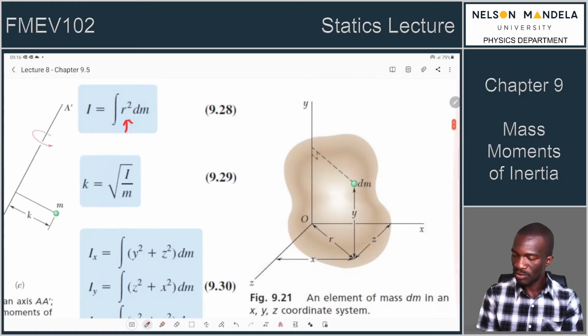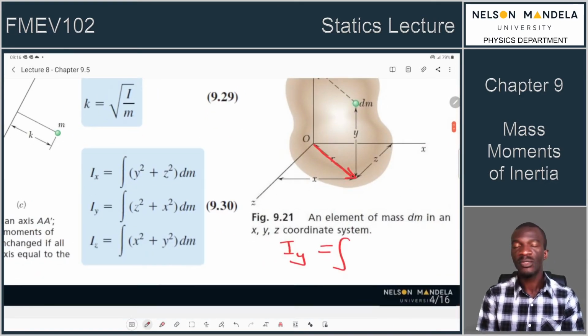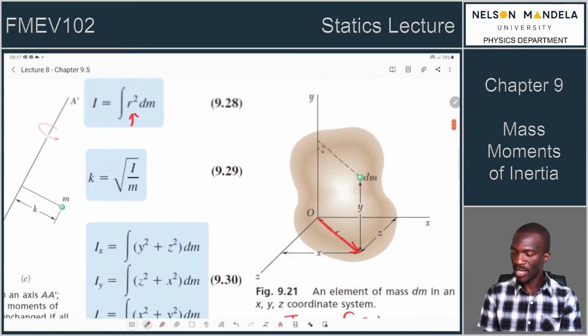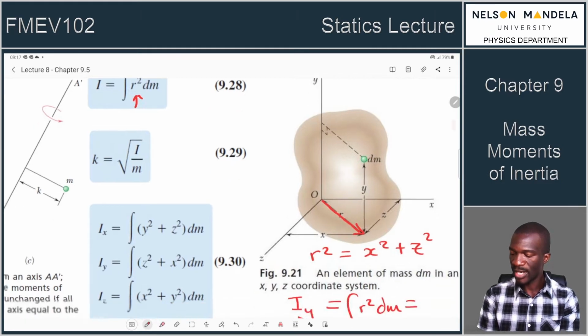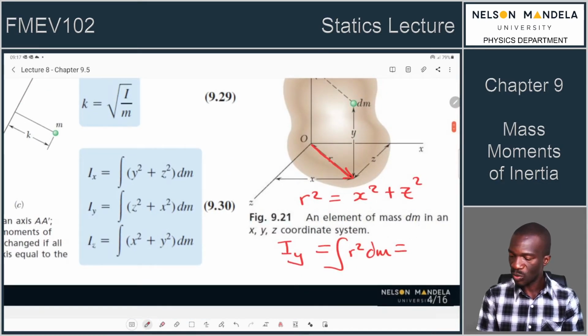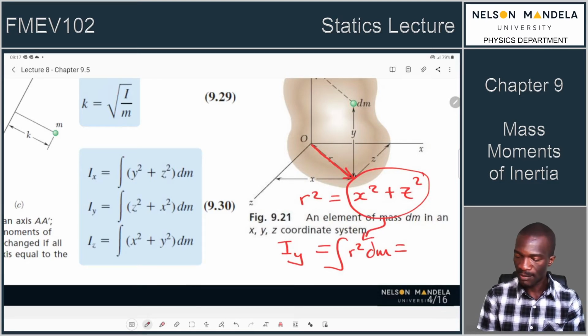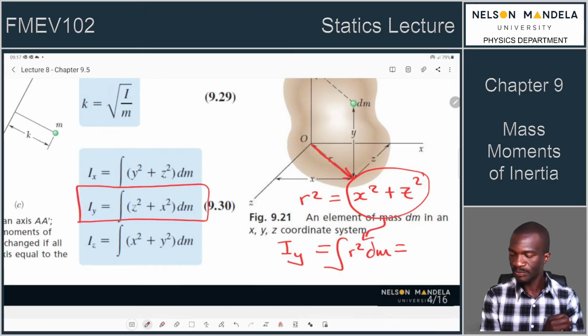So from the y-axis, we have some distance r. This means our integral would be the integral of r squared dm. But what is r squared? If you look at this triangle, r squared is equal to x squared plus z squared.